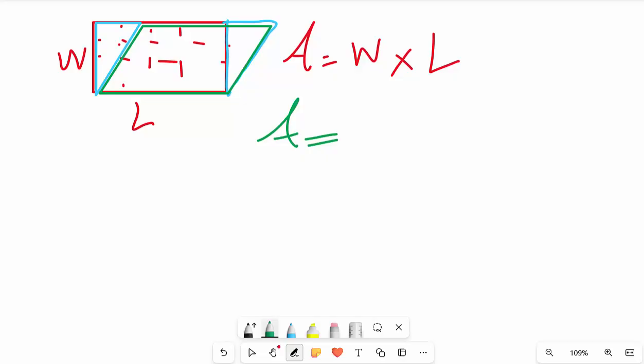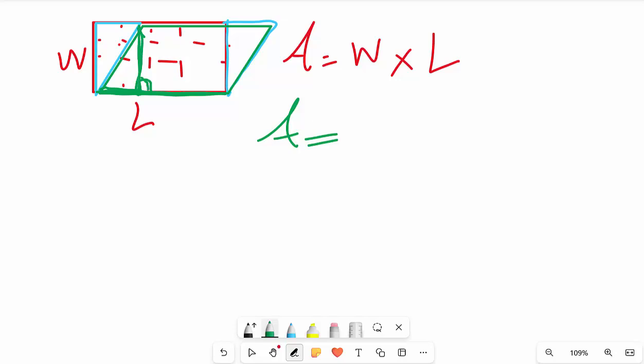So we will have the area of the parallelogram as the product of its length, which we name here as its base, and its width, which we name in a parallelogram as its height.